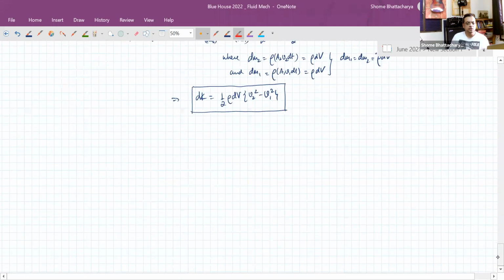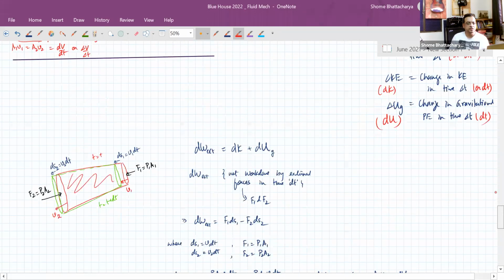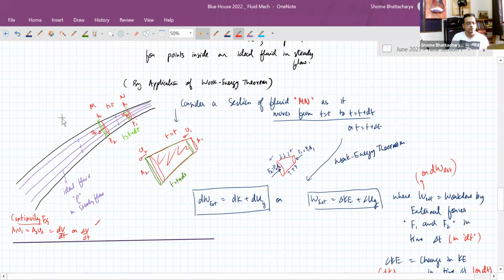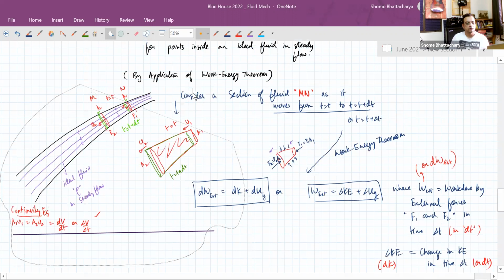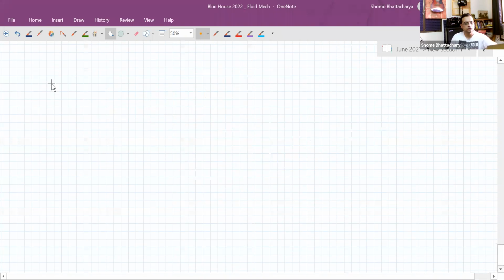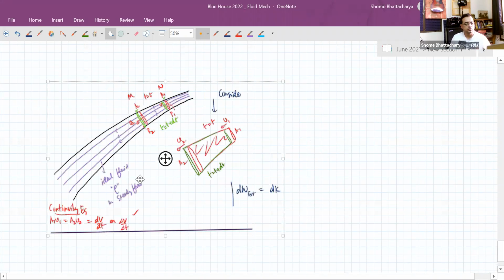Now let's similarly look at the change in gravitational potential energy. For that, let's make use of this diagram. I already have the horizontal reference level drawn over here. Let's remove these unnecessary things.